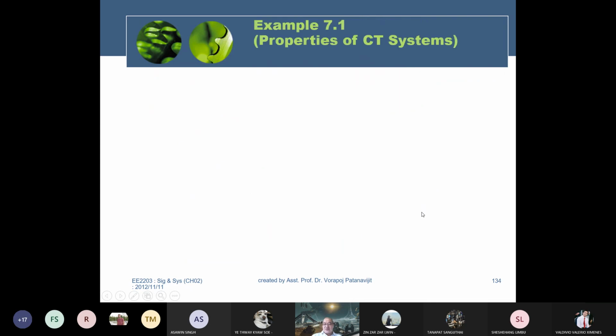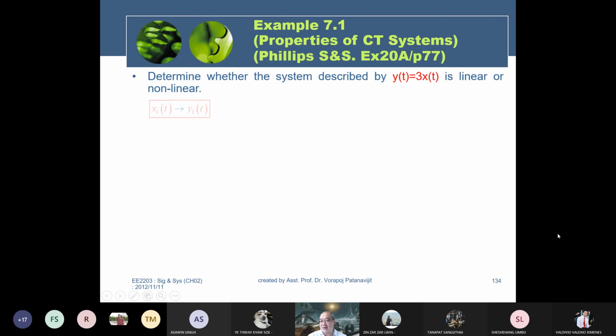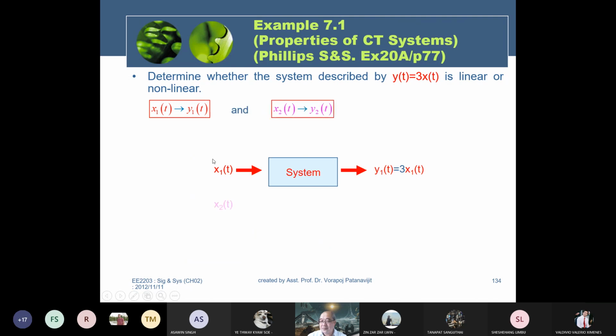Now, for a real case, I will show you how to check whether a system is linear or not. y(t) equals 3x(t). If you feed x1, any input, to the system, you amplify by 3. So y1 equals 3x1. If you feed x2 to the system, y2 equals 3x2.